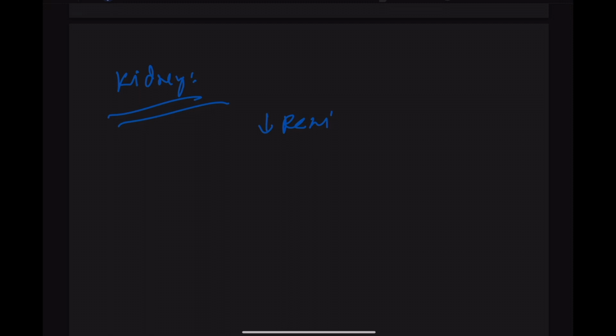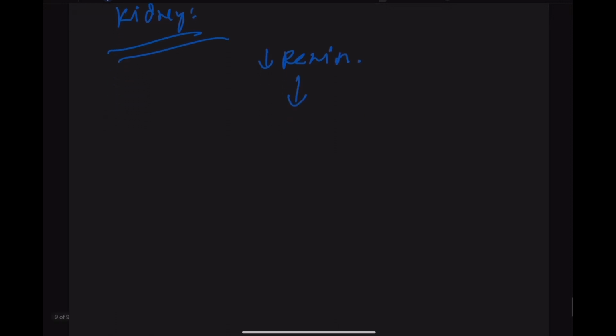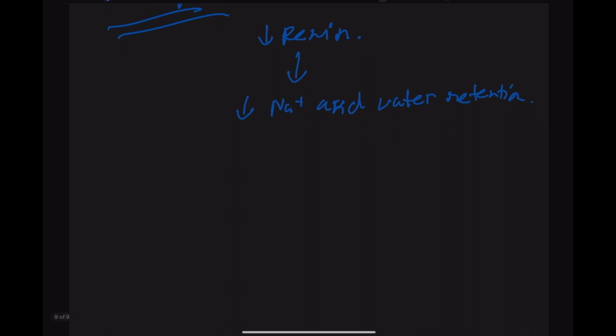Okay. And acting on the kidney, it blocks the beta 1 receptor in the juxtaglomerular apparatus and decreases the renin secretion from the juxtaglomerular apparatus, and this decreases the sodium and water retention. So we know that renin increases the sodium and water retention.